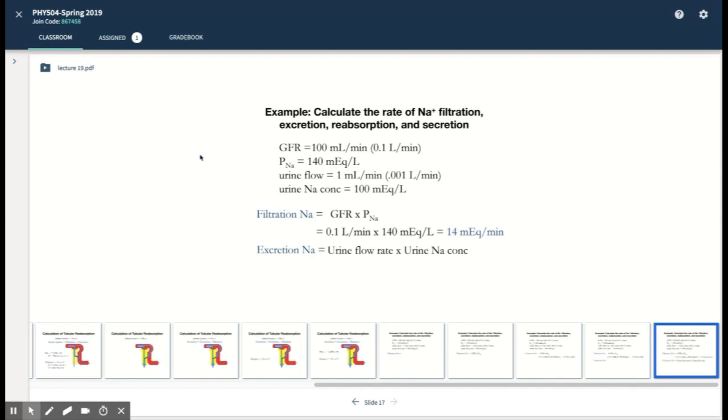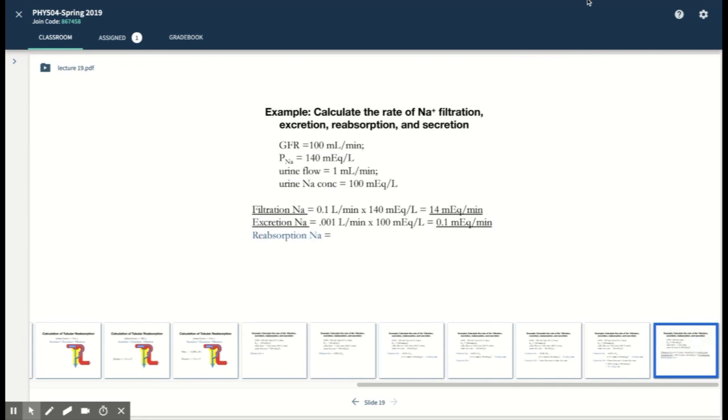So stoichiometry, basic count, right? So we're going to take 0.001 liters per minute, multiply by 100 milliequivalents per liter, we get 0.1 milliequivalents per minute. So the rate at which you are filtering is 14, but you're only going to excrete 0.1. So how are we going to figure out the reabsorption?